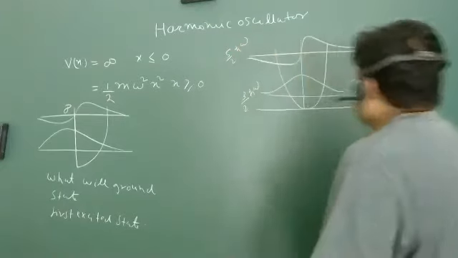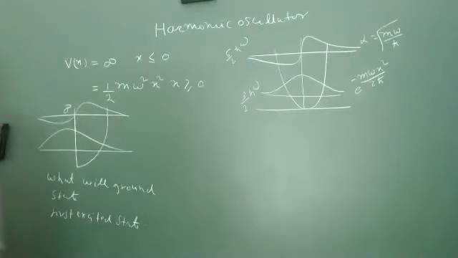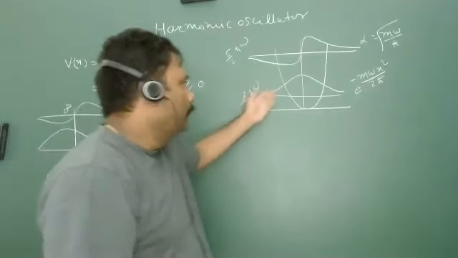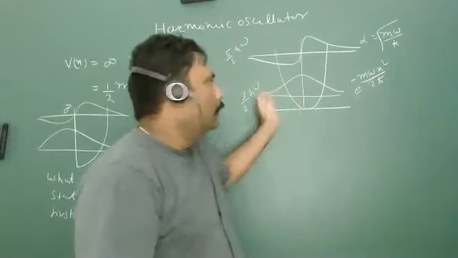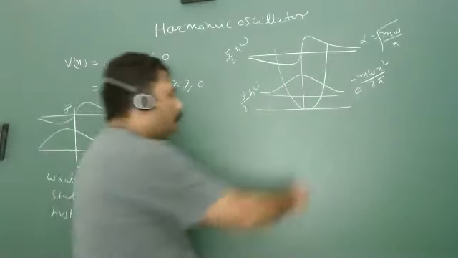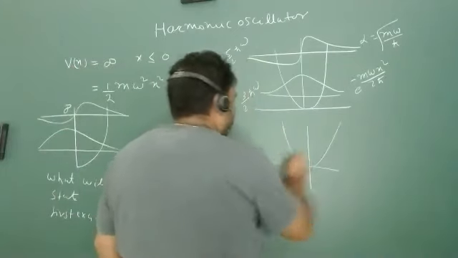So this is the actual distribution of the wave function, and you can find the particle tunneled in the classically forbidden region also, because if you plot the probability density, mod psi squared, it will be something like this.